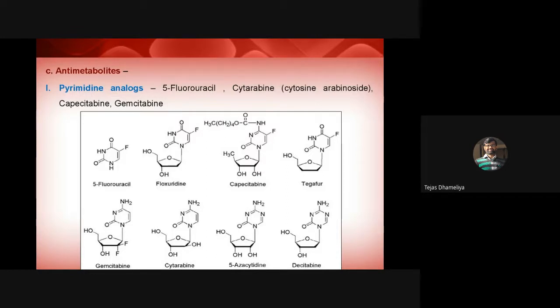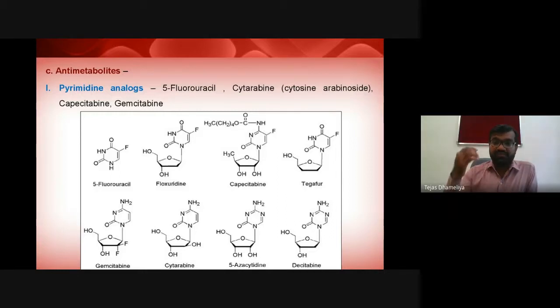You might also have heard that it is used as an antifungal agent, 5-fluorouracil together with another substance, amphotericin B. They are given in combination because amphotericin B makes perforations in the fungal cell wall, and 5-fluorouracil can go in there and undergo metabolism.